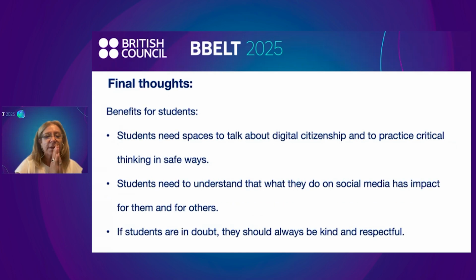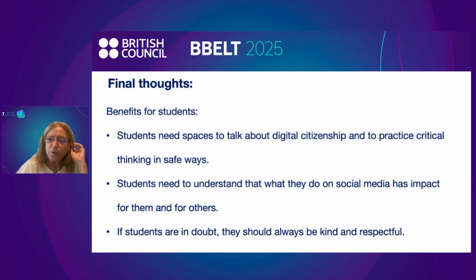Final thoughts. For students, they need a space to talk about digital citizenship and to practice critical thinking in safe ways, similarly to what I did with my students, that we were very few, that we were talking and discussing the topic in a nice way and in a way that was totally unexpected for them.